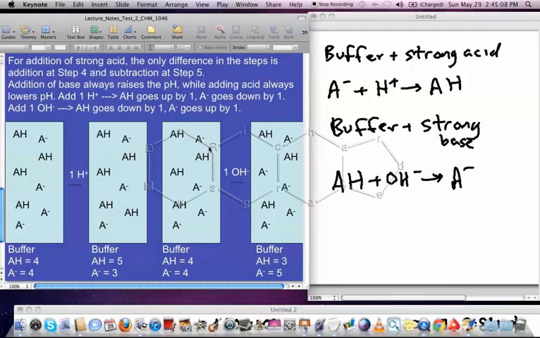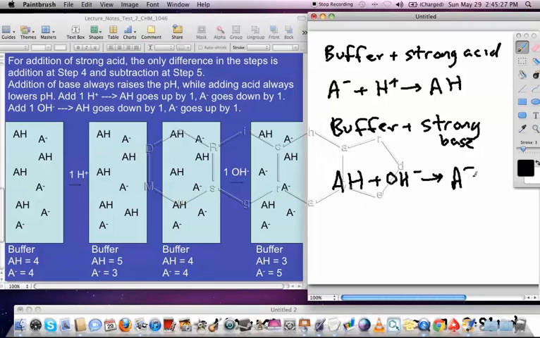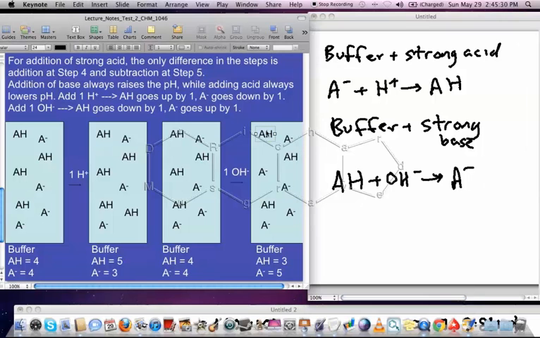Now this is a situation where we've got the original buffer solution again, 4 AHs, 4 A-. Now I'm going to add OH-, a strong base, to the buffer solution. So just one of the AHs will react with the OH-, and we'll get A-. I'll complete that reaction.